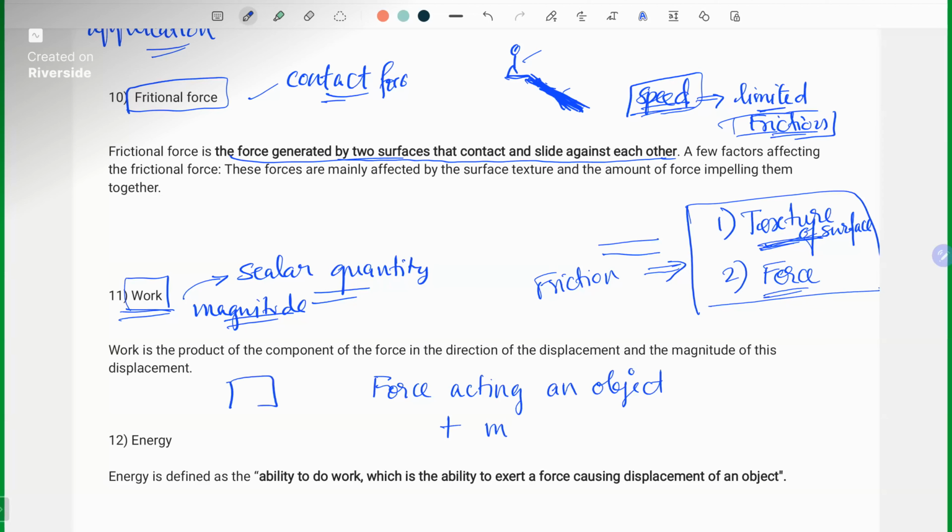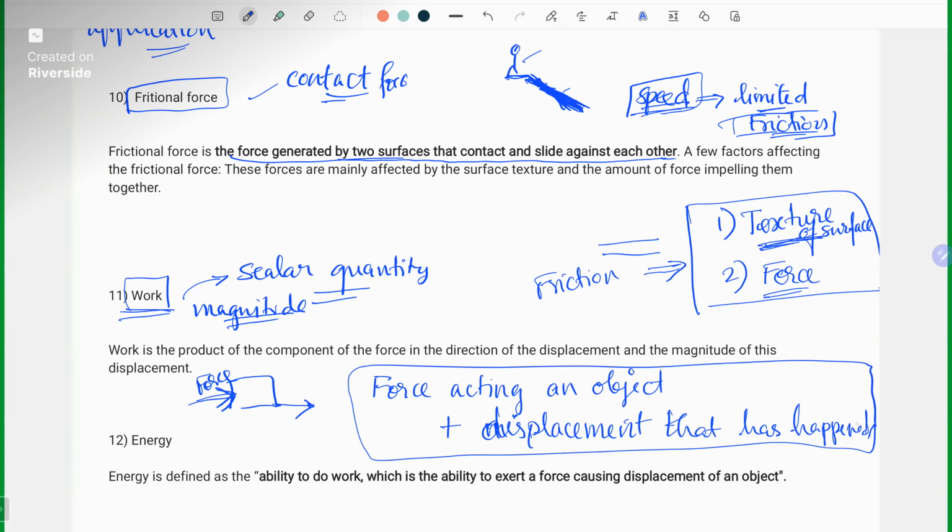Force வந்து ஒரு brickல act பண்றோம். The force given on it and the displacement that has happened, it will move from here to here. So the displacement that has happened, force given and the consequence happen because of it.